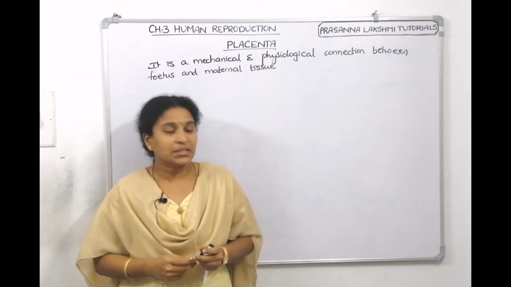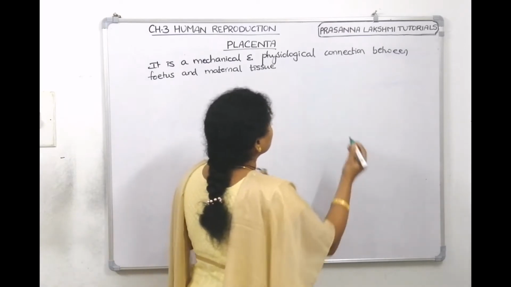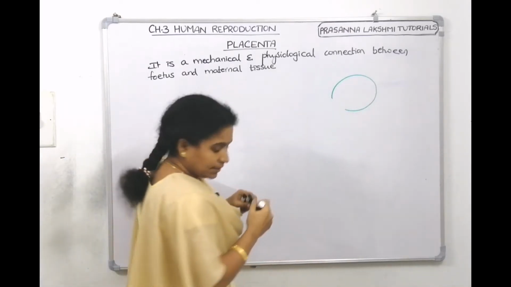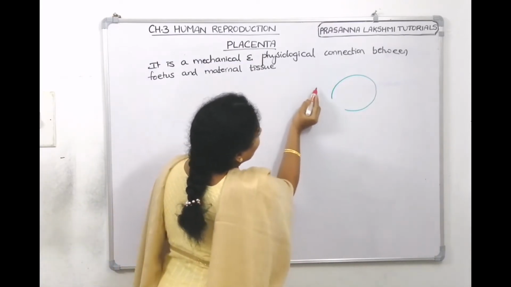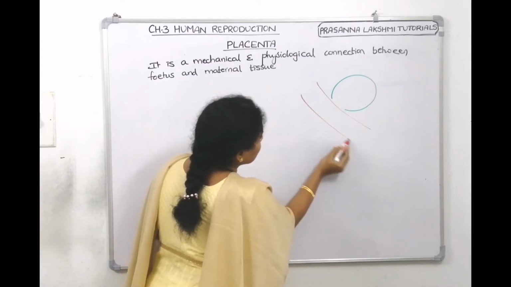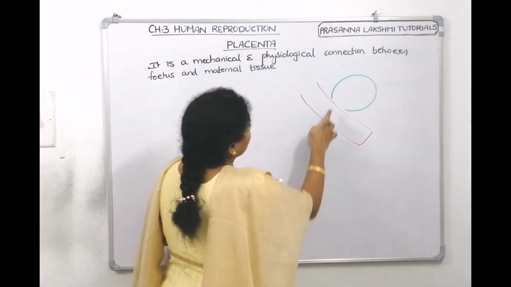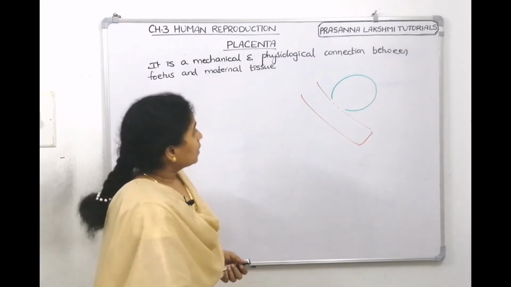So what happens is, we'll see this diagram. So, this is the blastocyst, right? And then comes the endometrium. This is the thickness of the endometrium. Now, they interdigitate with each other, right?